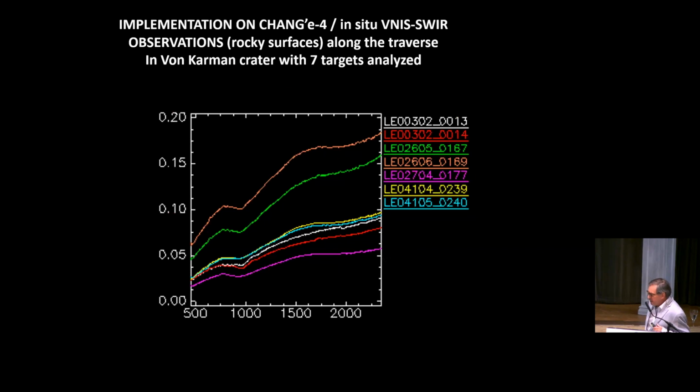So here is a selection of the spectra I'm going to discuss with you. The key on the right of the code is a little complex. The only thing you need to know is that number 3 means the third lunar day after landing, and 41 means the 41st lunar day after the landing and the start of the operations on the moon.